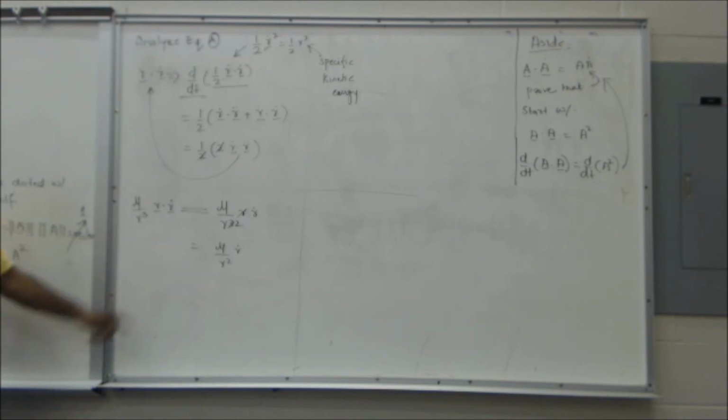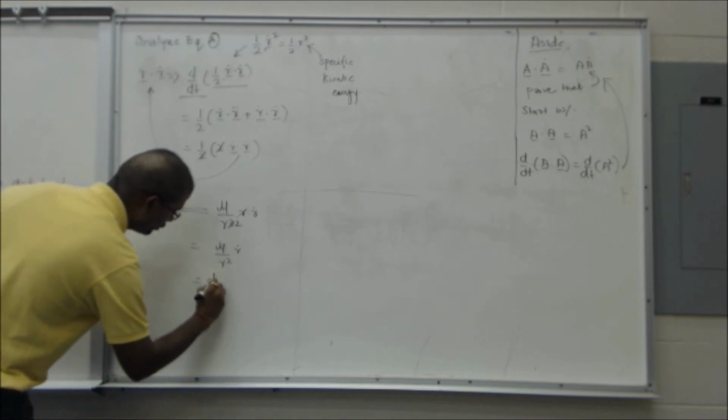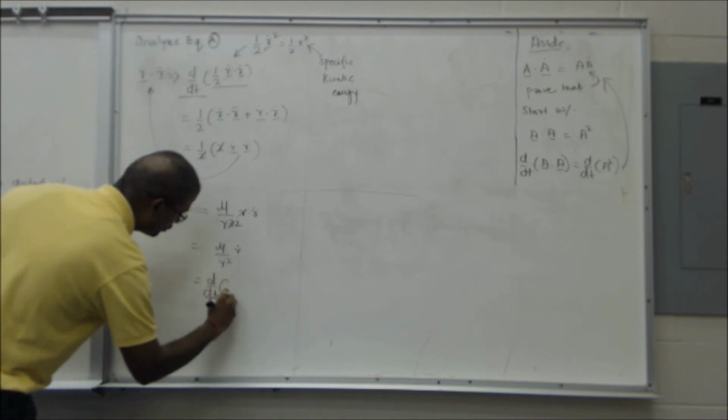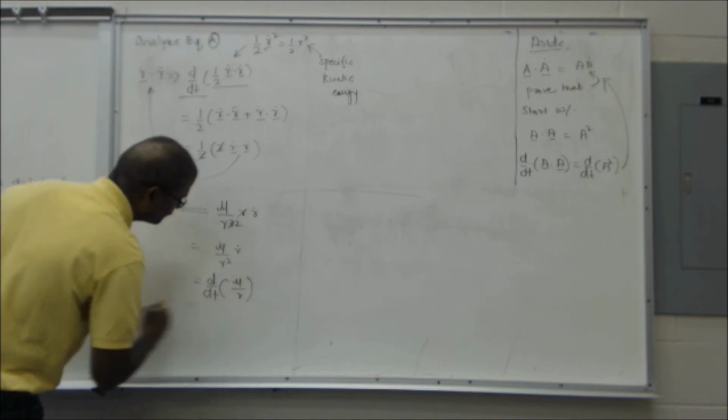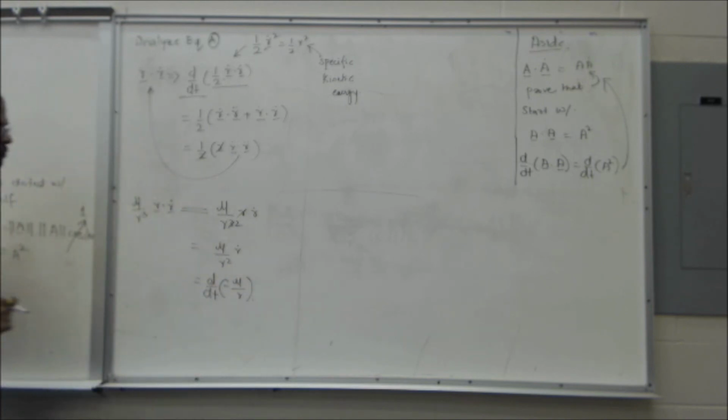Now I'm going to say this can be written as d over dt of mu over R, maybe.